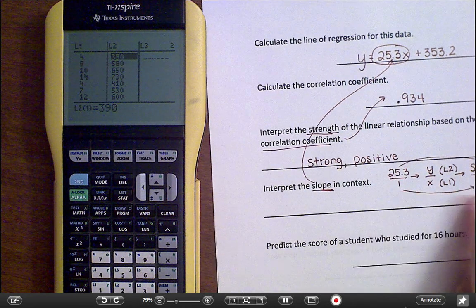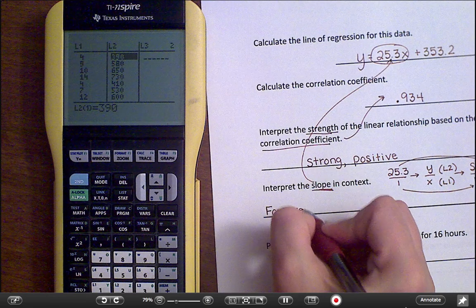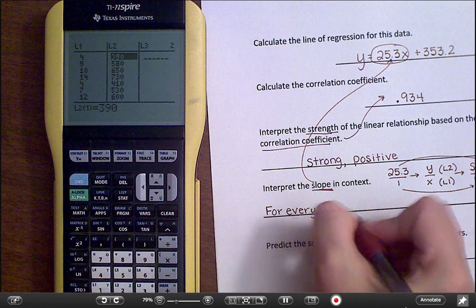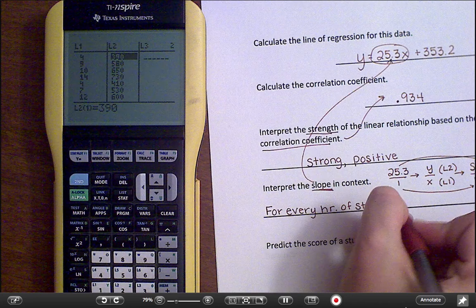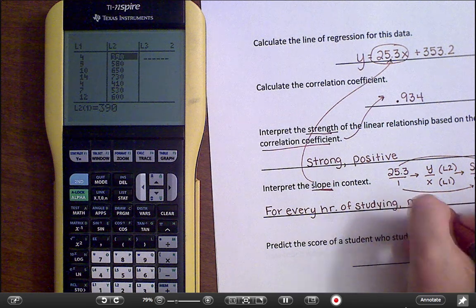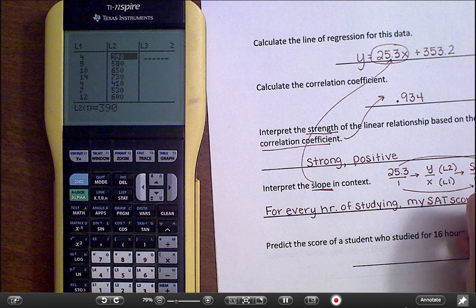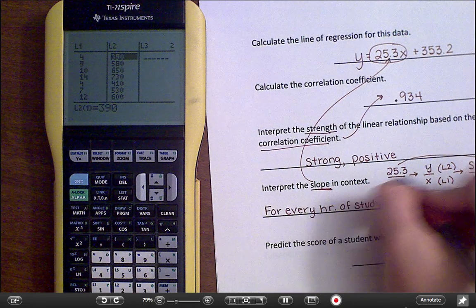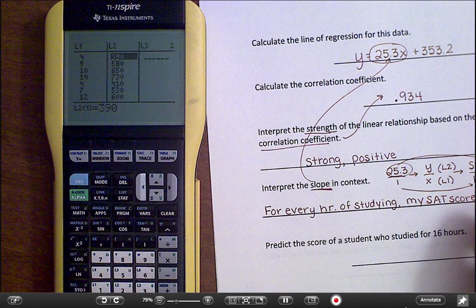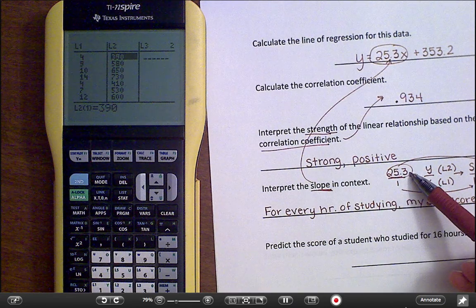That means for every 1 hour of studying, I would expect my SAT score to increase, because it's positive, by 25.3 points. So in general, based on this line of regression that we came up with, for every hour I spend studying, my SAT score should go up by about 25 points.